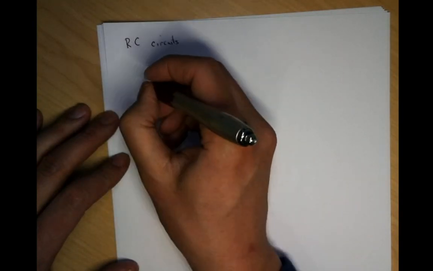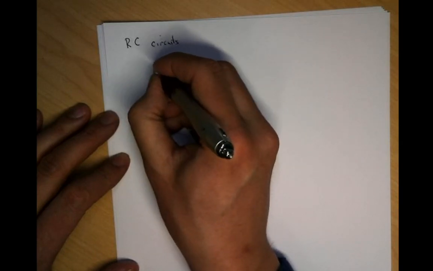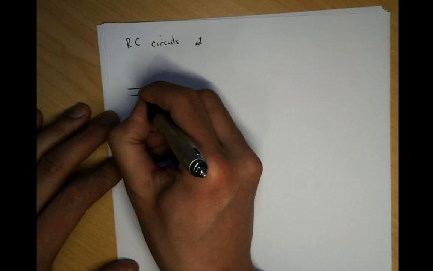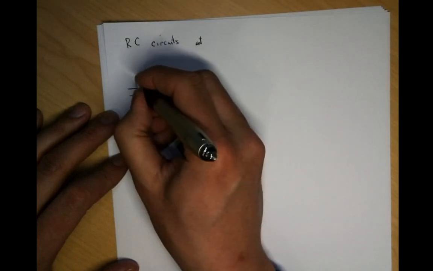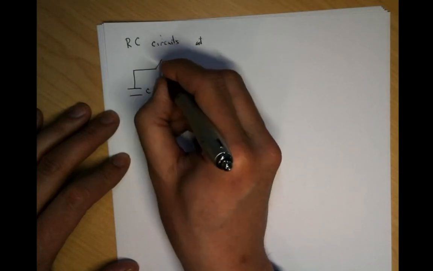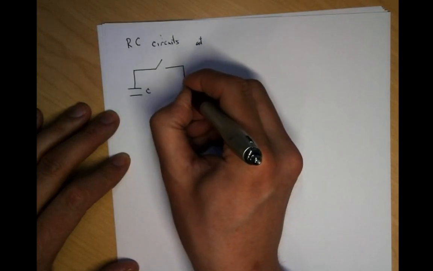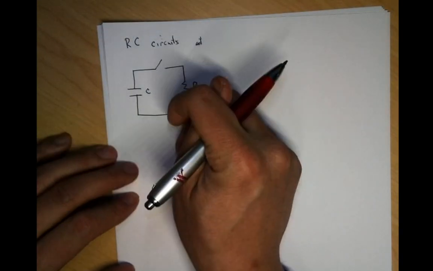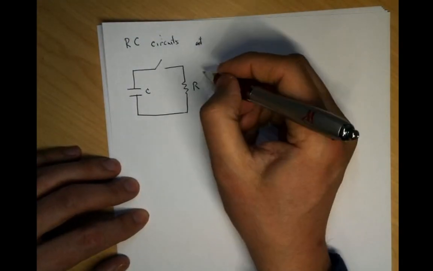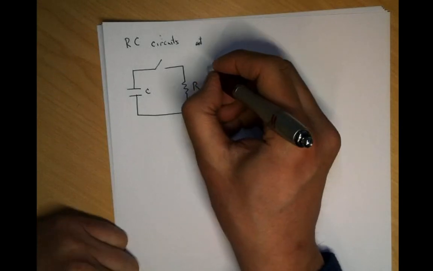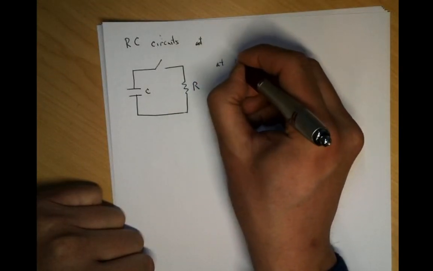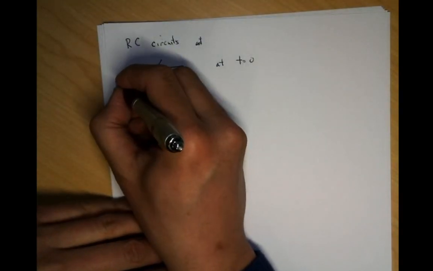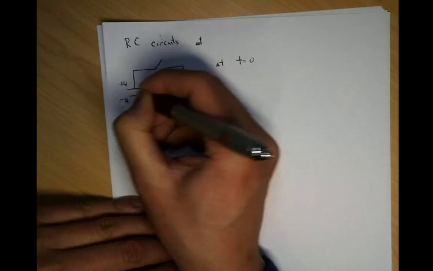So you have a circuit like this: a parallel plate capacitor and resistor R, okay? At t equals 0, initially we're going to place a plus Q and a minus Q here, right?